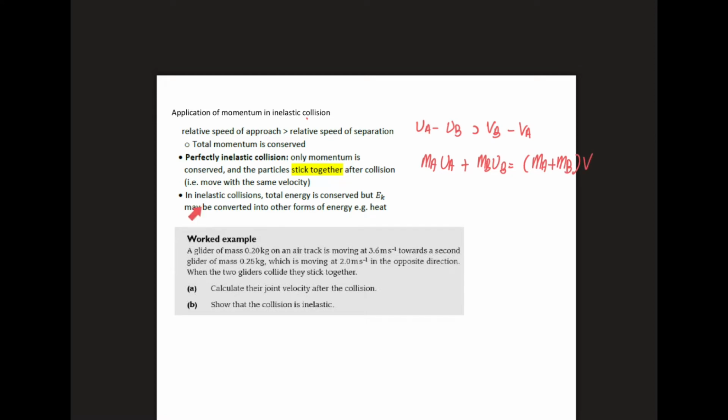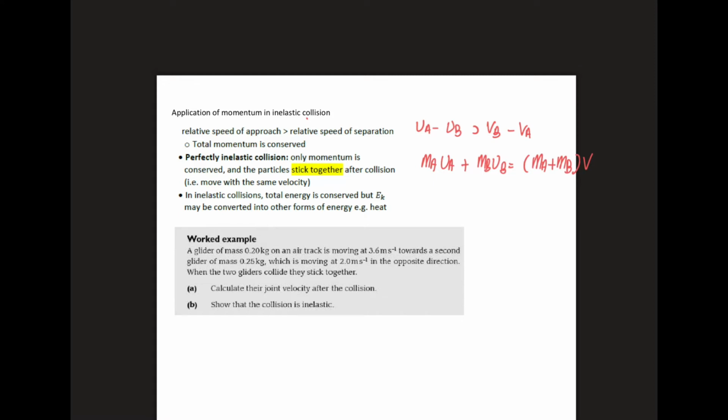Inelastic collisions. The inelastic collision here refers to two objects which collide and bounce off from one another. Total energy is conserved, but kinetic energy may be converted into other forms of energy, for example, heat. So only the principle of conservation of momentum is applicable.